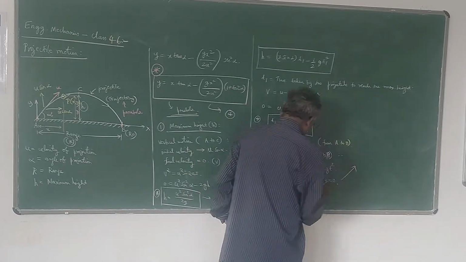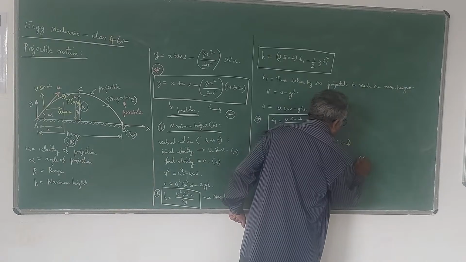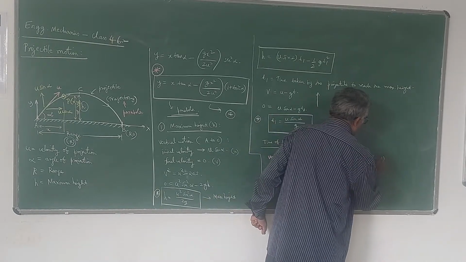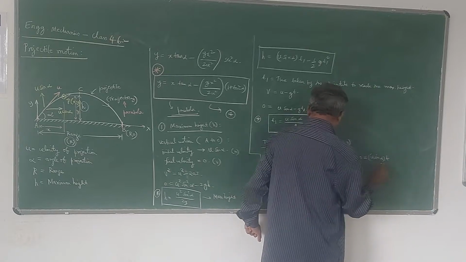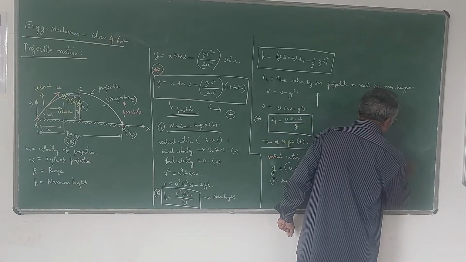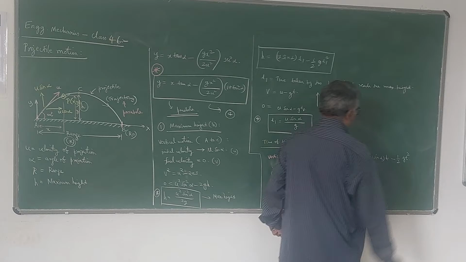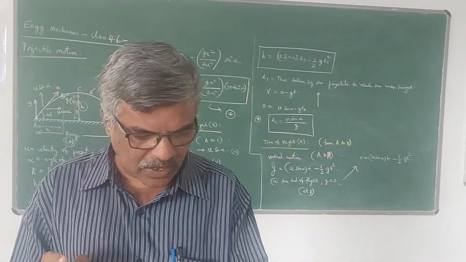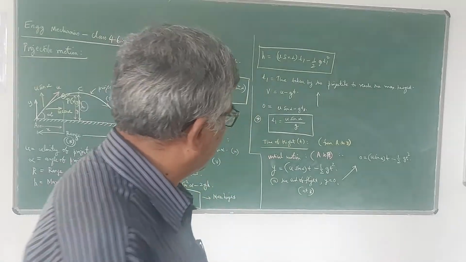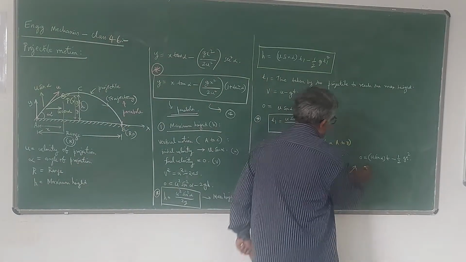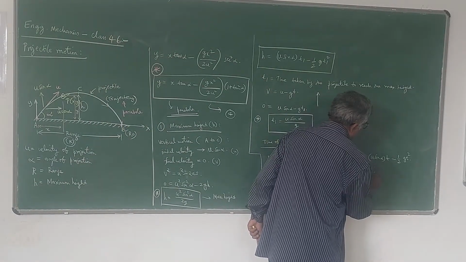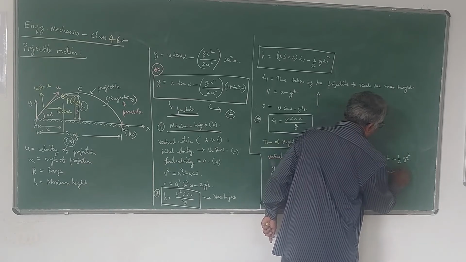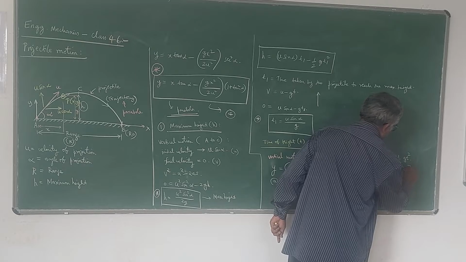If you substitute this value, y becomes 0, so the equation reduces to 0 is equal to u sin alpha into t minus half g t square. Taking t common, 0 is equal to t into (u sin alpha minus half g t).